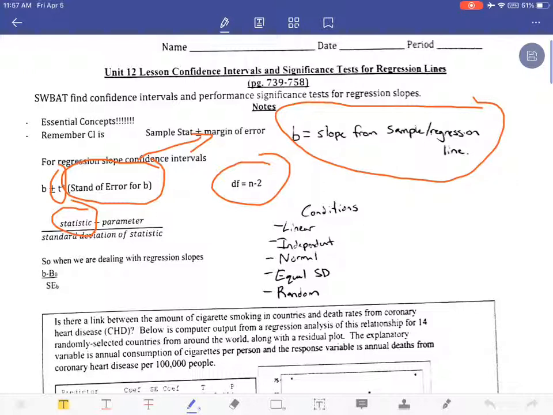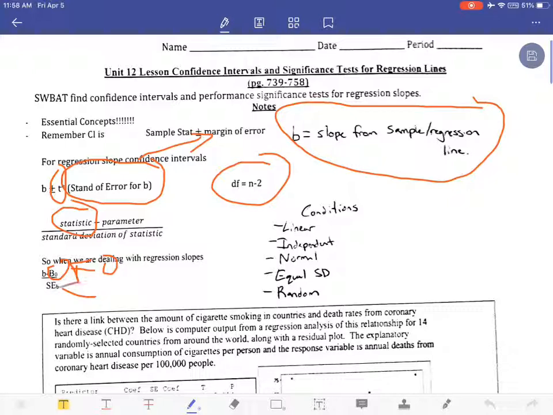And then for our parameter, that's what we're comparing it against, and most of the time, that is going to be 0, okay? Because we're going to see if there is a positive or negative relationship. If our slope's positive, that means there's a positive relationship. If our slope's negative, it's a negative relationship. If there was neither positive nor negative, then it would just be 0. So that's why we're going to put that in for that parameter.